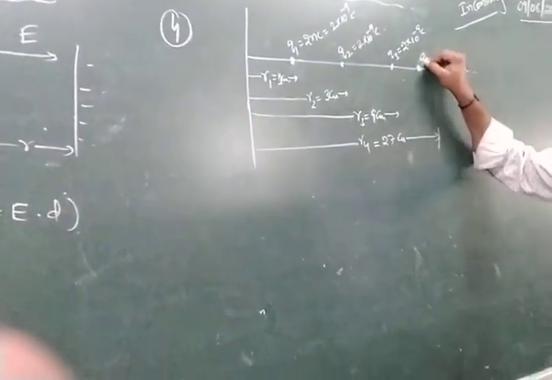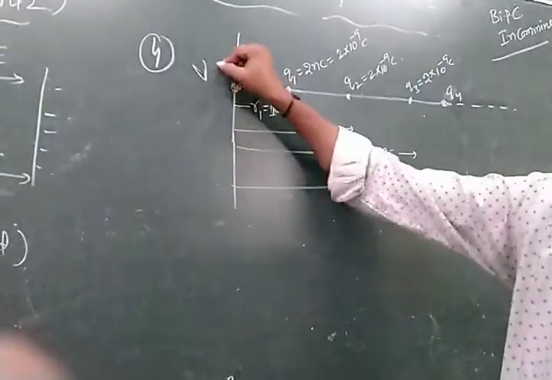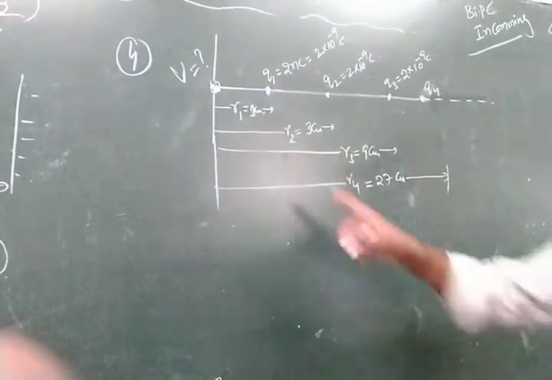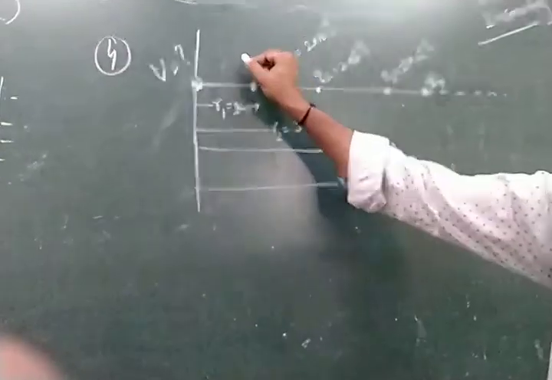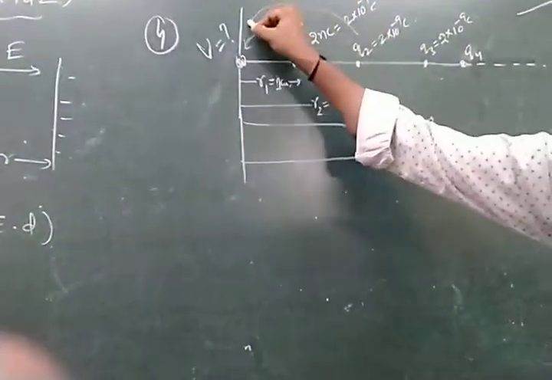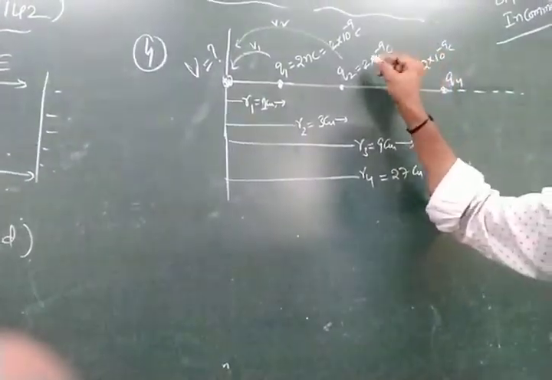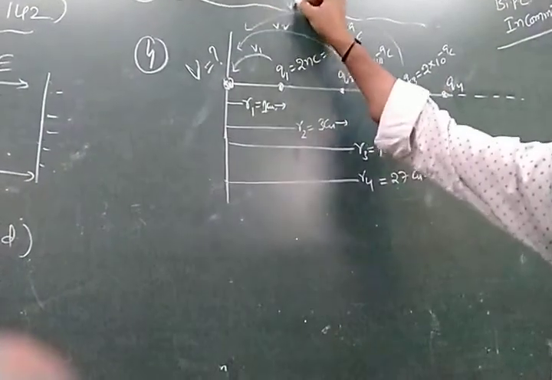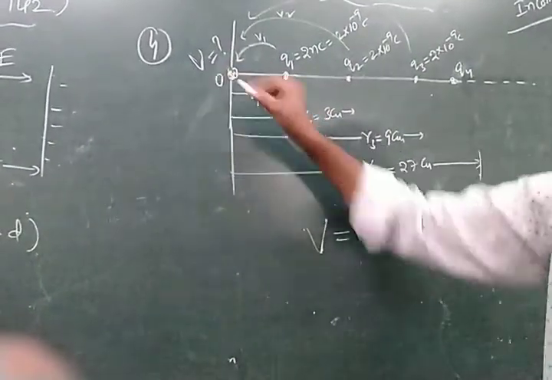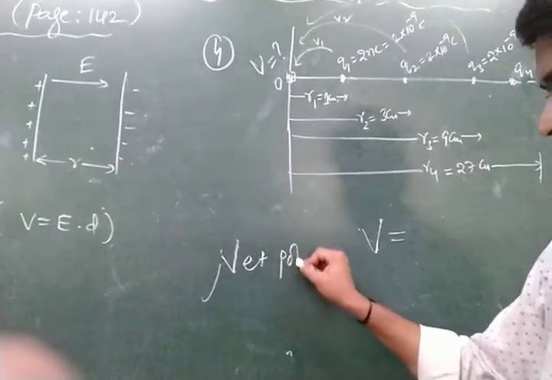Find the potential at the origin. Potential is nothing but the work done to bring the charge from infinity to this point. That is V1, V2 and V3 and so on. Therefore the net potential at point O, that is at origin.